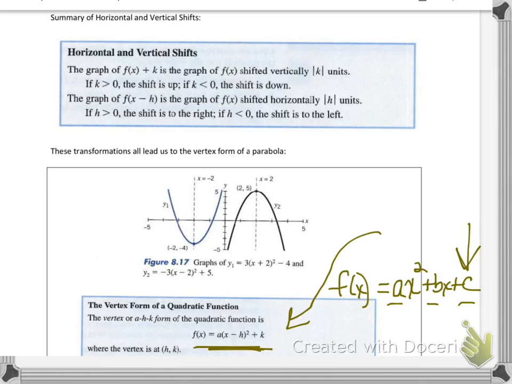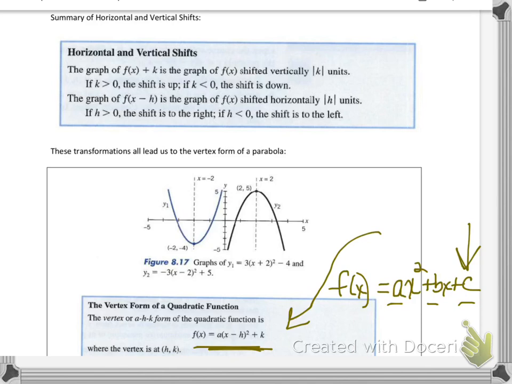So the a is still present, and so that can tell you whether you have a vertical stretch or vertical compression, and whether it's positive or negative will tell you if you're shifting over the x-axis. The h and the k are your vertex, so you don't have to say negative b over 2a. You can just read it.